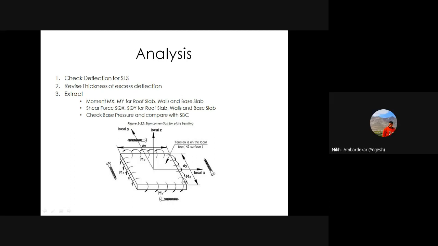Mx means the moment parallel to its local x axis, and in the same way, the moment parallel to the local y is called My. Clear? Similarly, Qx means the shear force which is parallel to the x-axis, and Qy is parallel to y.